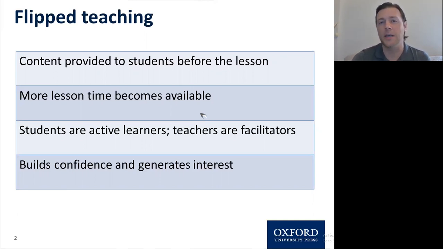So flipped teaching can almost be thought of as setting your students' homework before the lesson begins. And by giving them access to content beforehand and designing ways to help them engage meaningfully with it on their own, students can become active, independent learners, allowing you, the teacher, to concentrate more on developing your facilitator role.